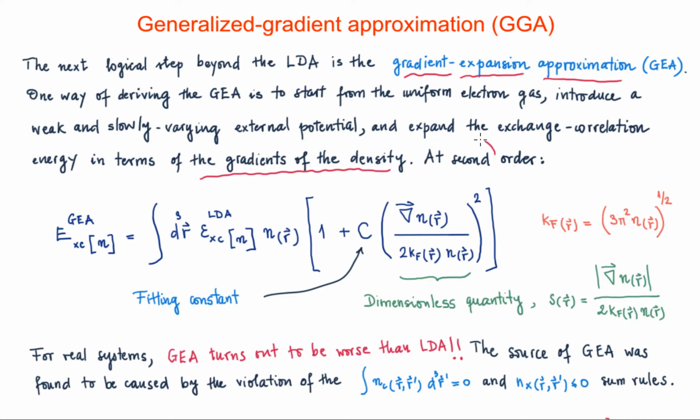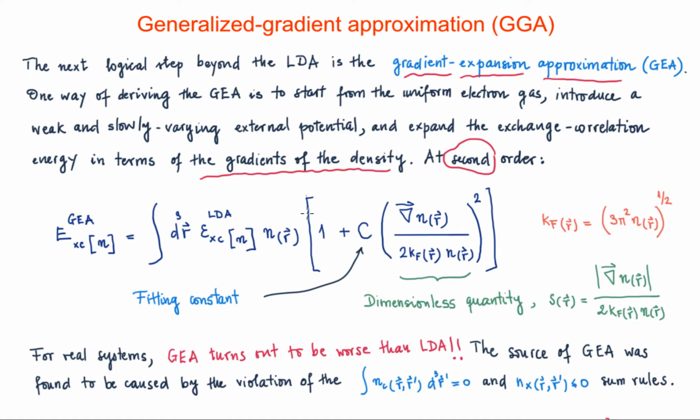Up to second order, the expansion you can have for the exchange and correlation energy within the GEA approximation will be just this one, where here you have the exchange and correlation hole for the local density approximation, which is coming from the uniform electron gas. This is the exchange and correlation hole per particle times the density. So this integral here will be just the local density approximation.